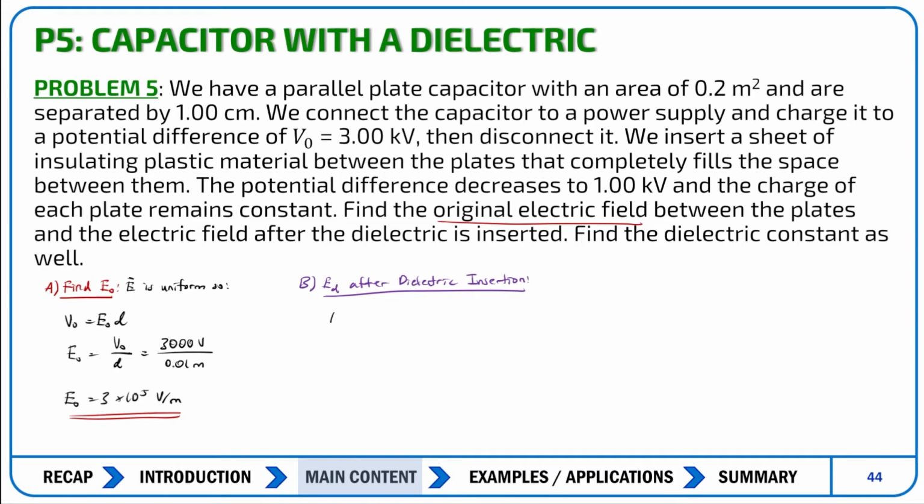So that means E_D is equal to V_D over D. That D is actually a subscript, let me just make that clear. The potential after the dielectric is inserted is 1000 volts. The distance also hasn't changed. So that means E_D is equal to 1 times 10 to the 5 volts per meter.